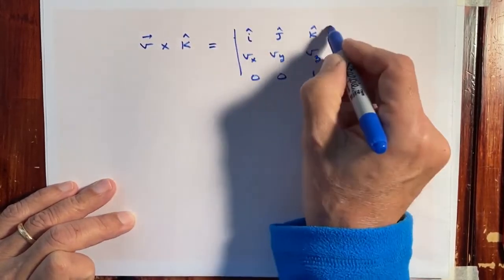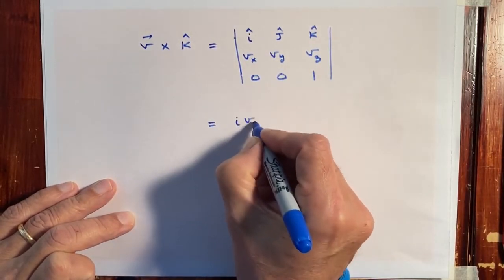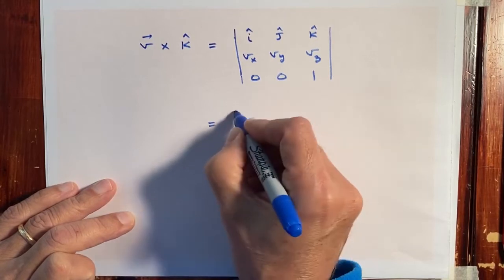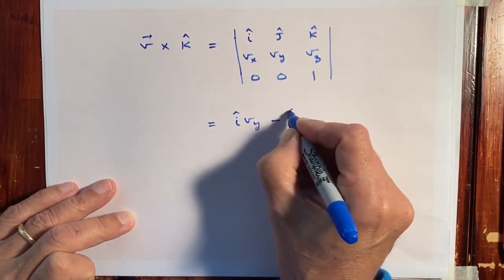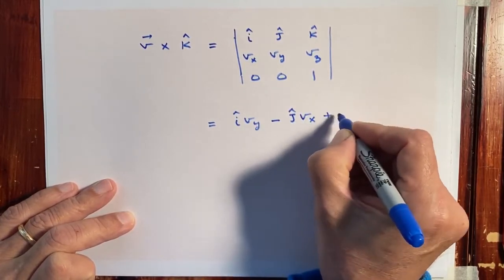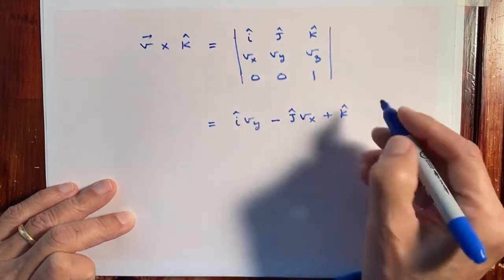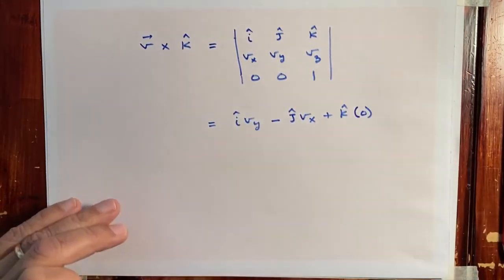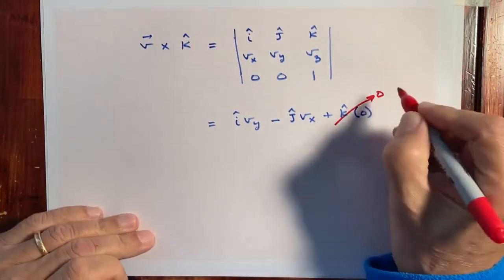So take the determinant of that, and that's going to give us i times v sub y plus, minus j hat v sub x plus k hat times 0. So here we can easily say that goes to 0.